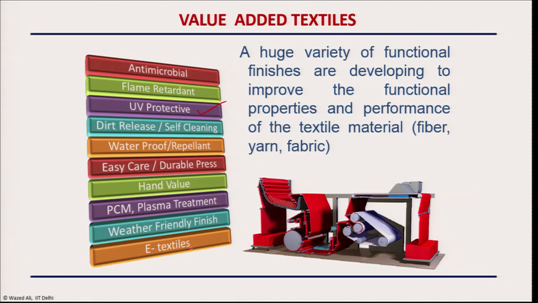To achieve this range of functional properties I mentioned, not only chemicals but nowadays different kinds of natural extracts can also be explored, and it is a very broad topic of research.